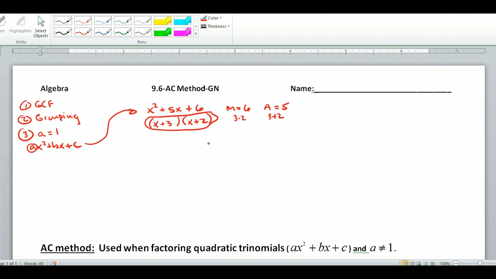Well, what happens if we changed it up and gave you the quadratic trinomial 10r squared minus 2r minus 8?